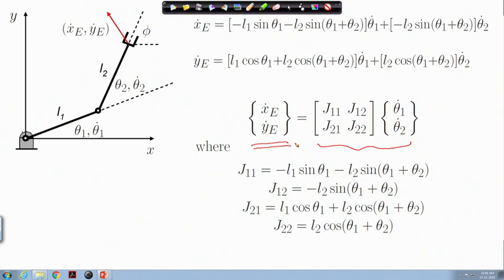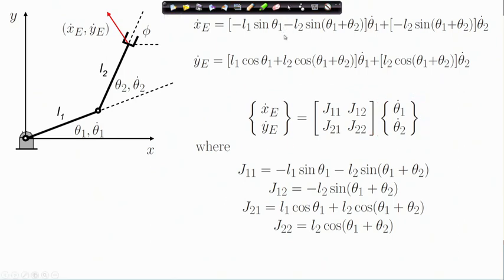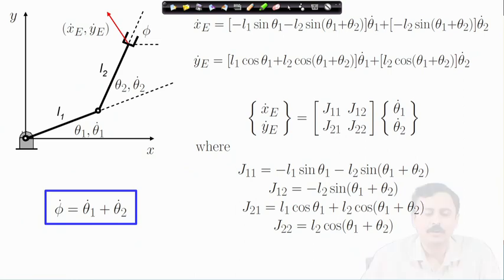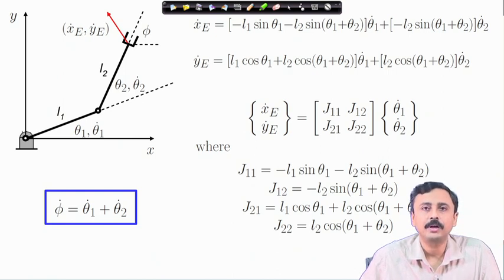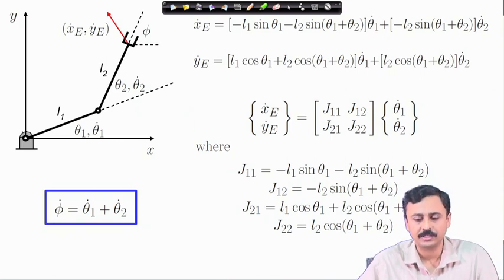So, this is the end effector velocity vector, and we have this 2 cross 2 matrix whose elements can be read out from these relations, and that gets multiplied by the joint rate vector. The orientation rate of the end effector is related to theta 1 dot and theta 2 dot by directly differentiating the orientation angle with respect to time.